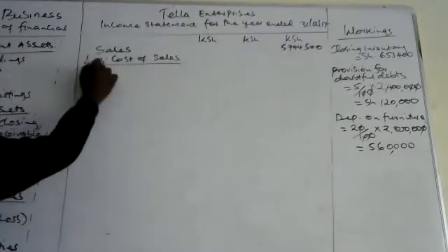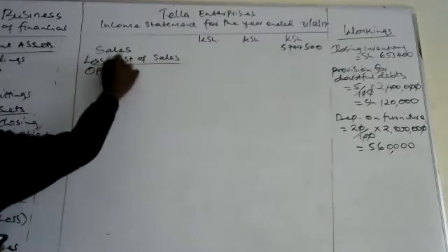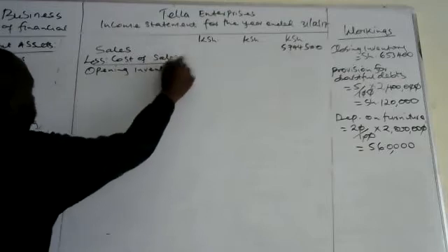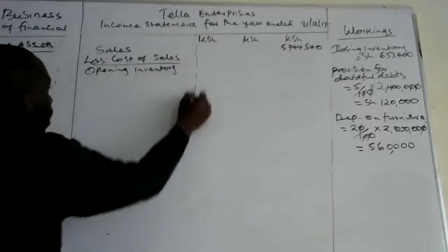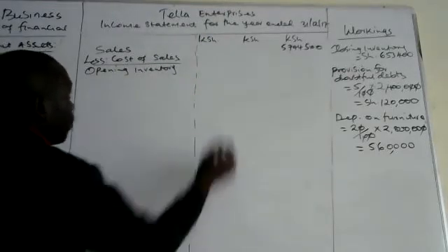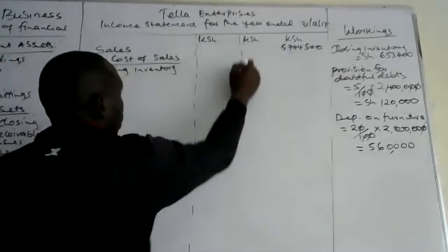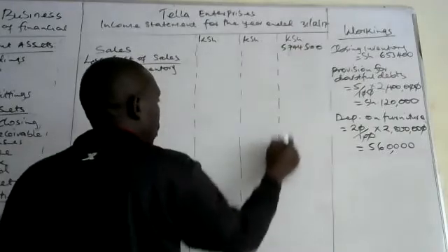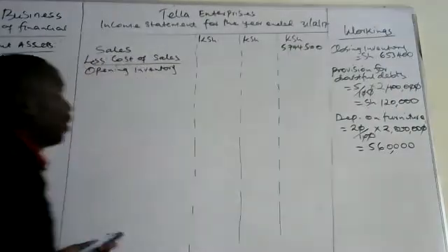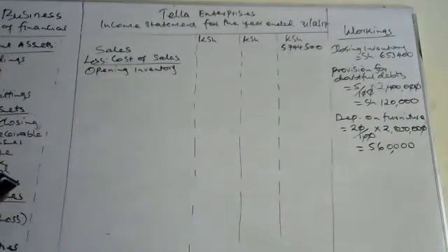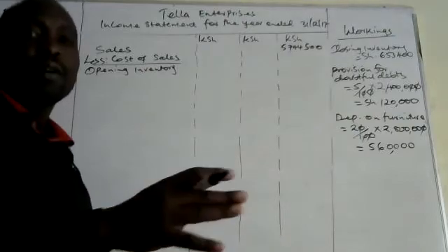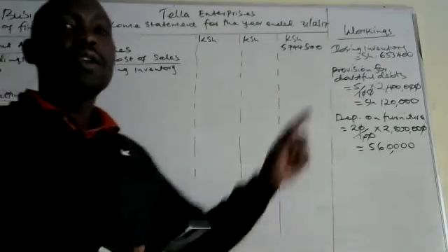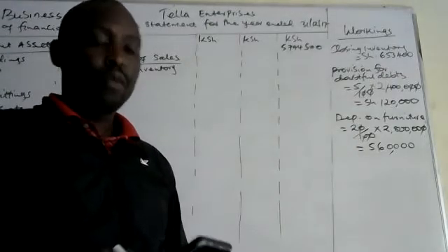Start with the opening inventory. What is the value of goods that we started with? The opening inventory, you will always find it in the trial balance, but the closing inventory, you will find it in the additional information.